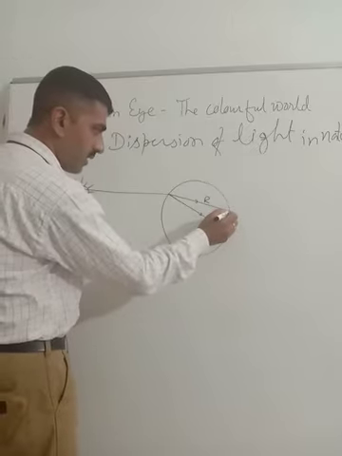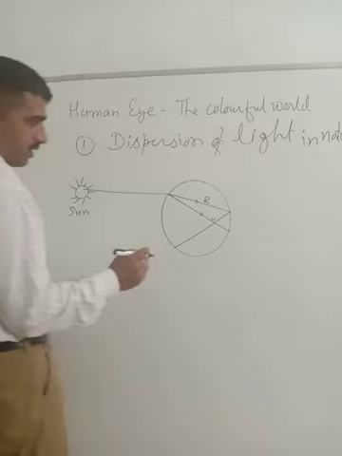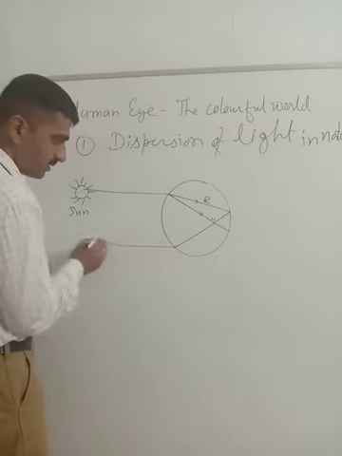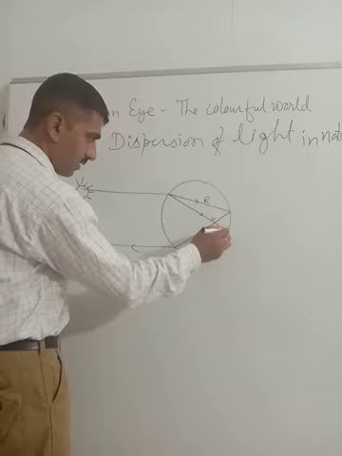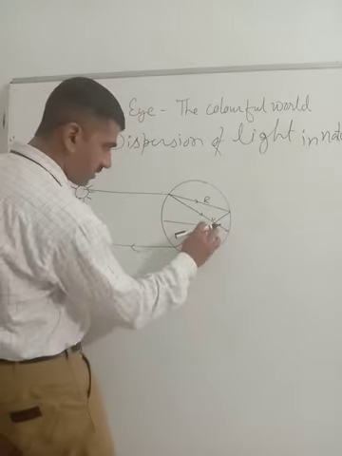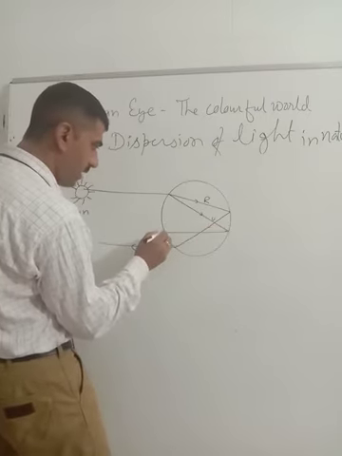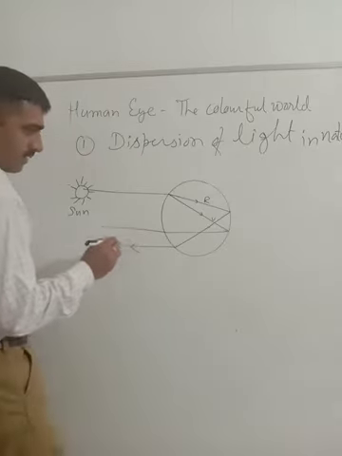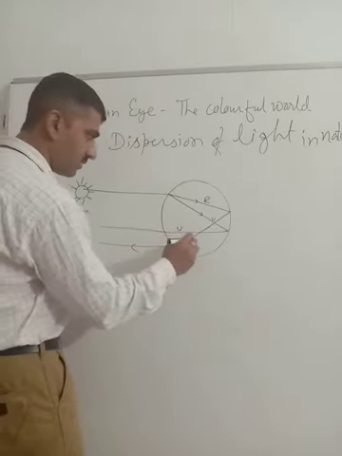So this color will come over here, and the red color we will see on this side. This is basically happening by TIR type of reflection. Total internal reflection is caused over here, and we see a ray of light. What we see here is this is your violet and this is your red.